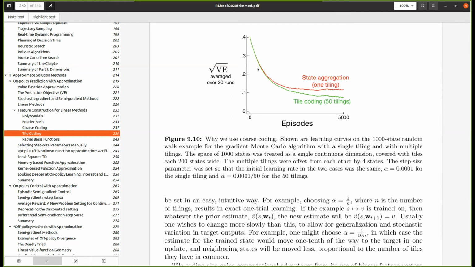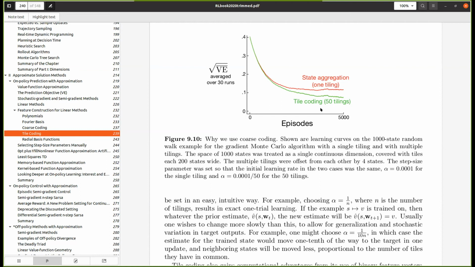But here you can see that when you introduce 50 tilings, that produces much better results. You can see that the error stops improving because the expressivity of our function is limited, but in this case the limit is further away.